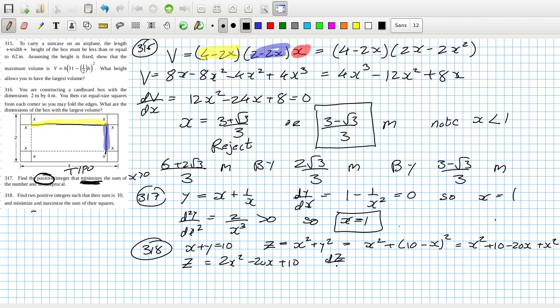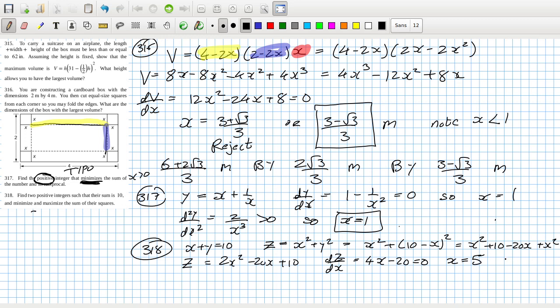So dz/dx is 4x minus 20 equals 0. x equals 20 over 4, which is 5. And then the problem you can see is you have a choice with y.